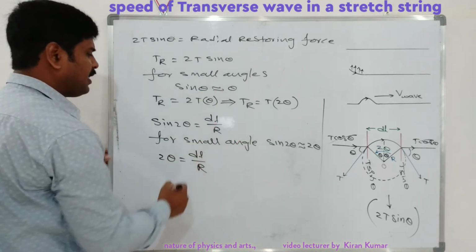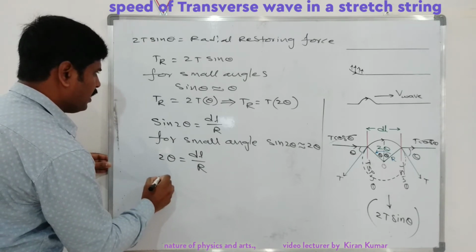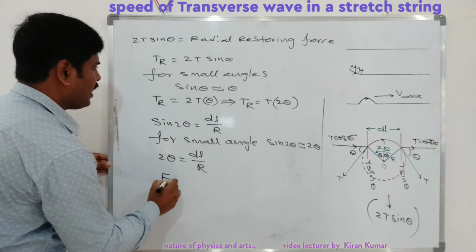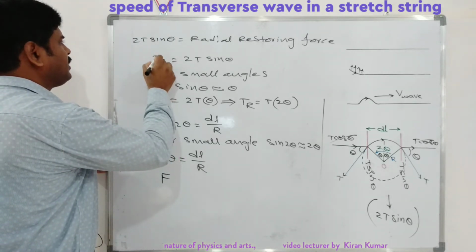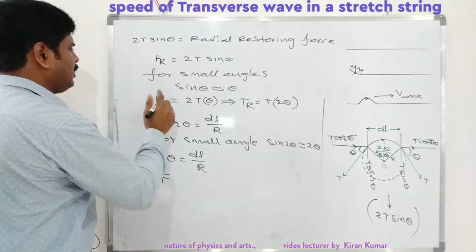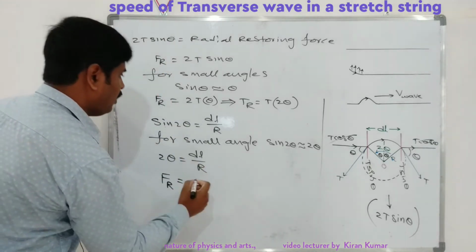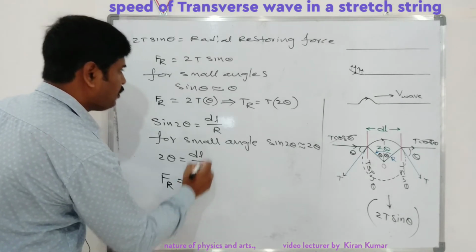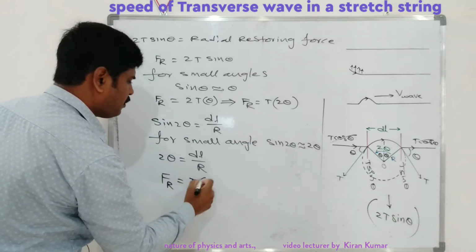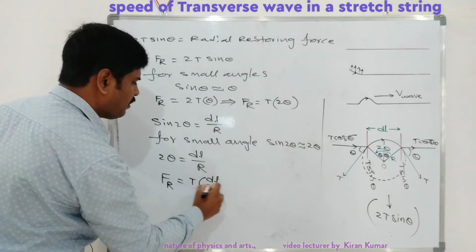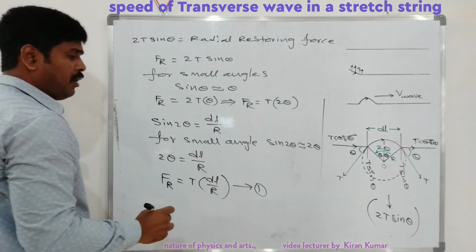This value is replaced in the above equation of the radial restoring force, that is Fr. So Fr is equal to T into 2 theta, and the 2 theta value we got is dl divided by r. This is taken as equation number 1.